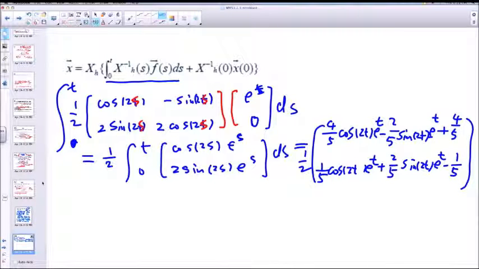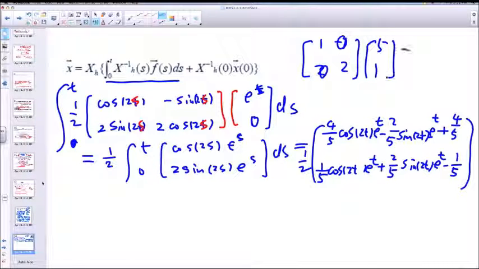Okay, you see, we just do 2 integrals. And this one is going to be 1, 0, 0, 2 times 5, 1, which is going to be 5, 2 in here.